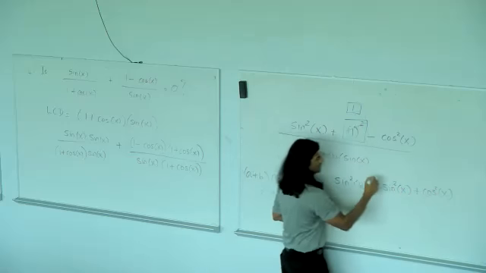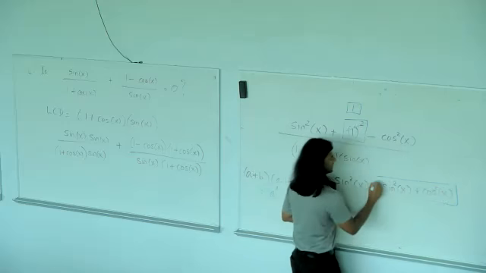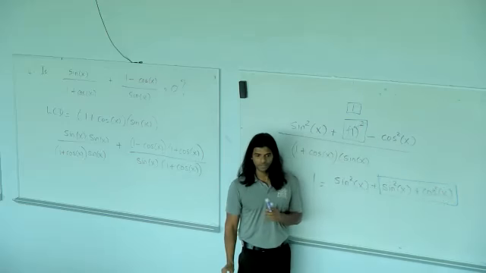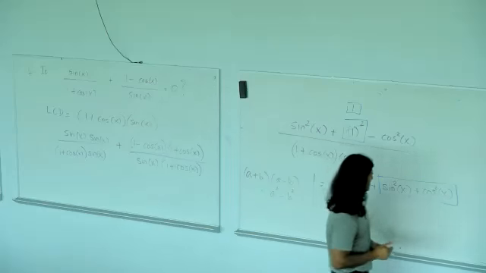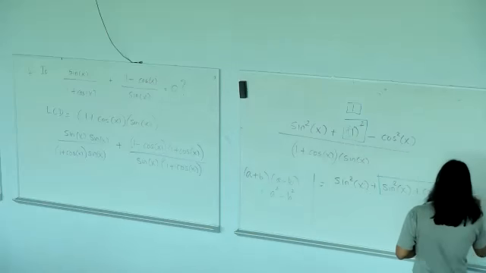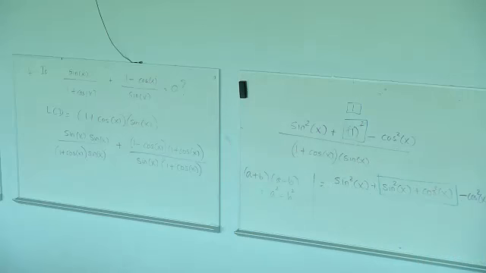I'm replacing that 1 by sine squared x plus cosine squared x. And then I've got another term, minus cosine squared x. With me so far?